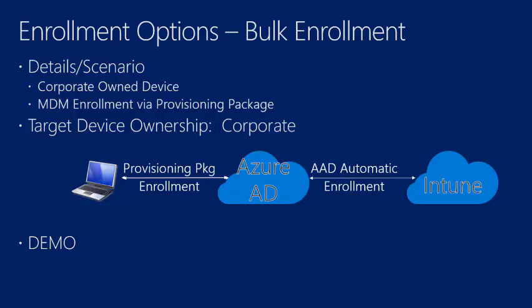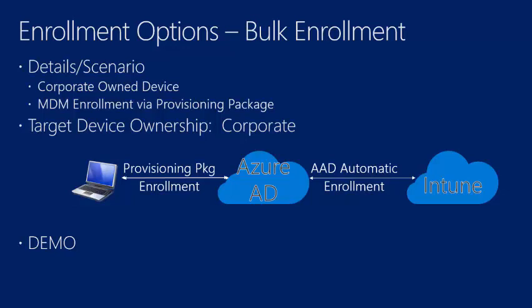So for this, we need to create the provisioning package, right? And if the phrase provisioning package is not familiar to you, this is a particular way that we can configure a whole slew of settings on uniquely Windows 10 devices using a tool called the Windows Imaging and Configuration Designer.